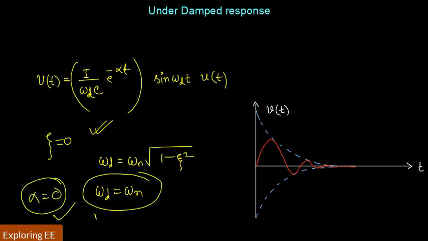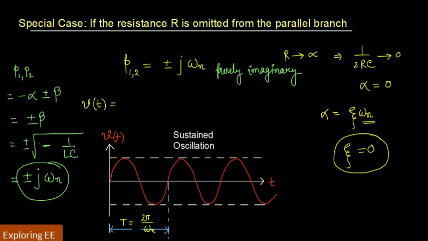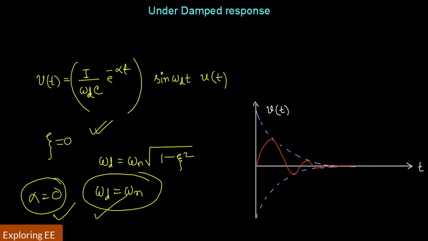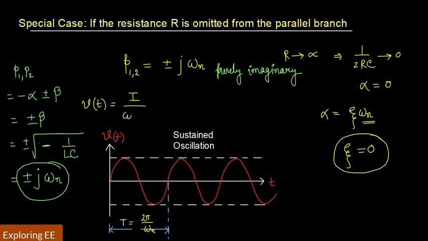So using these two conditions, here we have the expression of voltage: I by omega n C, e to the power alpha, alpha is 0, so it is unity, sine of omega n t. So the voltage exhibits sustained oscillation with natural frequency omega n, and this is the time period of oscillation, twice pi by natural frequency of oscillation omega n.